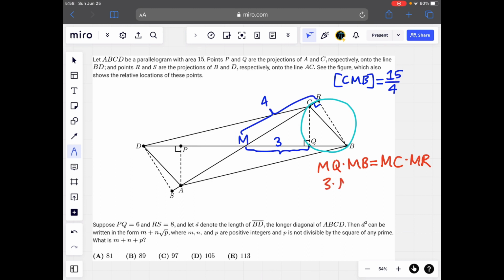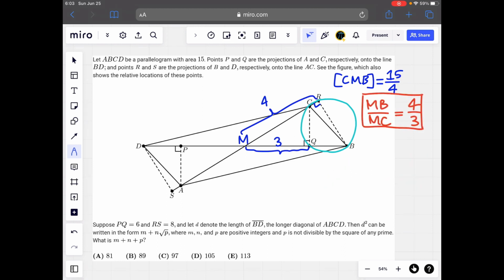So 3 times MB equals 4 times MC. The question is asking for the length of BD, which is twice the length MB, and we will call that length X. Now, we are ready to make two observations about the length of RB.